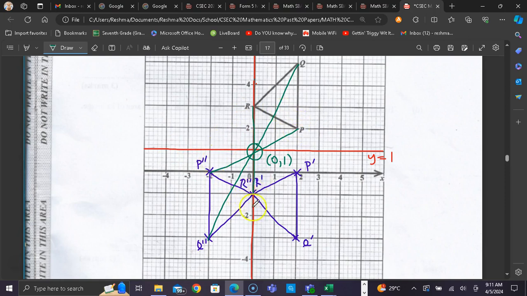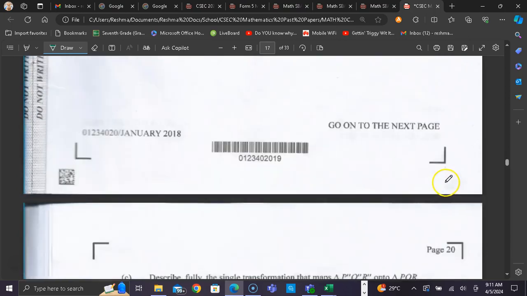Similarly, R'' rotated about this point will come onto R, and Q'' will be rotated onto Q. It doesn't matter if it's an anticlockwise or clockwise rotation, because once you rotate it 180 degrees either way, you still end up with the same image.